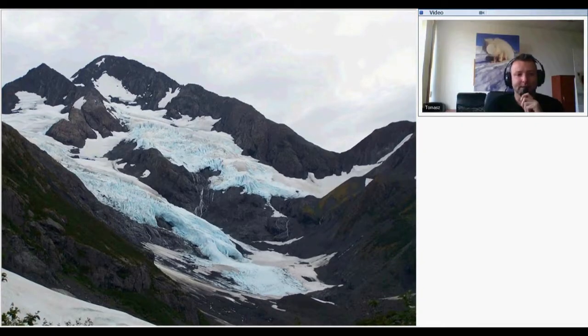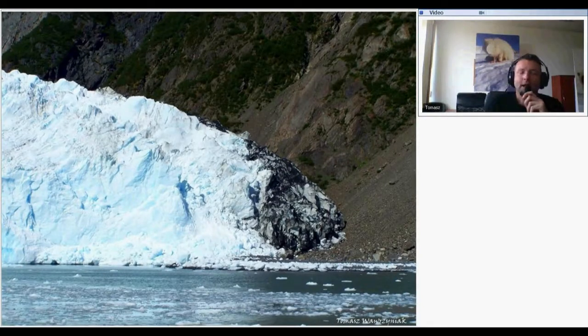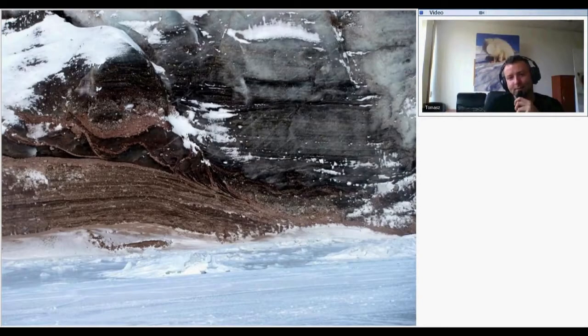Here are examples of two glaciers in Alaska. And when glacier ice moves down the slope, it pushes material and transports it inside the glacier. On its sides, in this case you can see the left side of the glacier, the material is also pushed underneath the glacier.